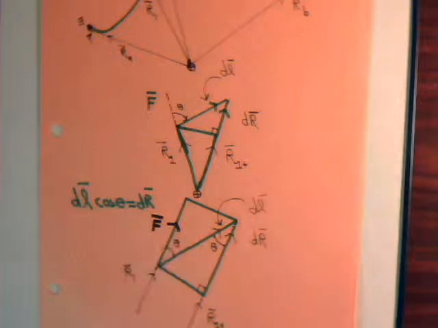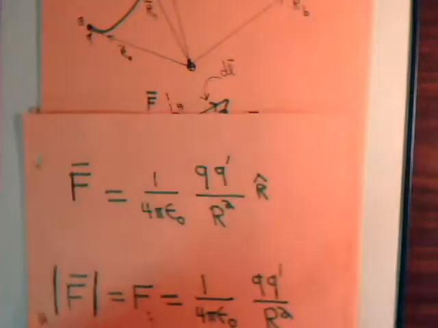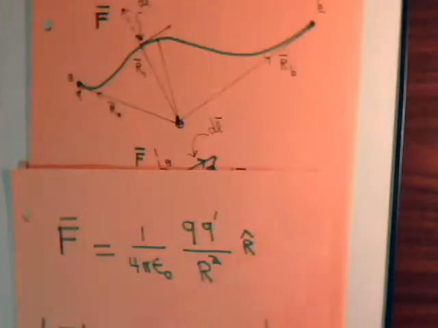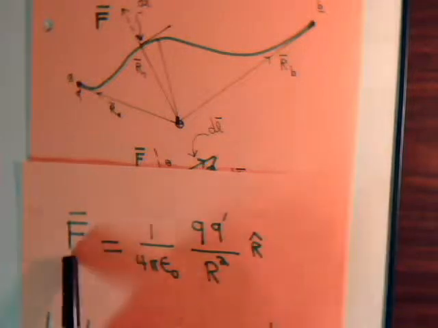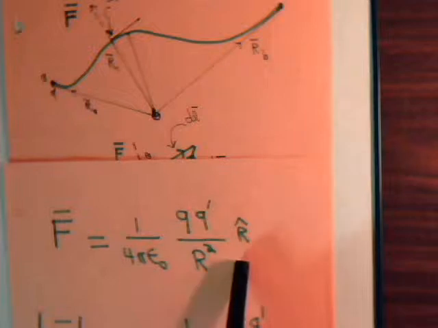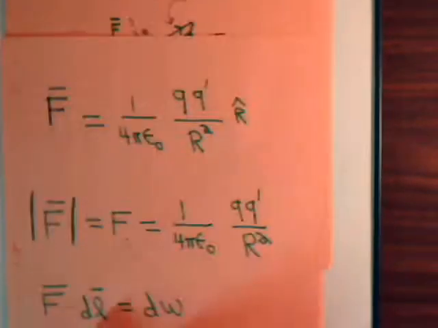Let's look at it like this. Here we have F, but remember that is this expression. So we're taking the dot product of this with dl. Really what we're taking the dot product of is just this unit vector with dl.